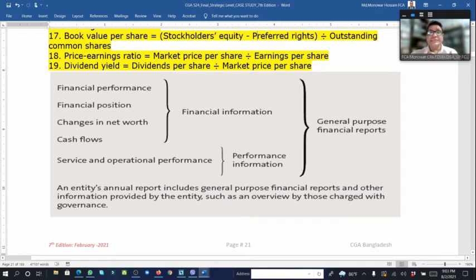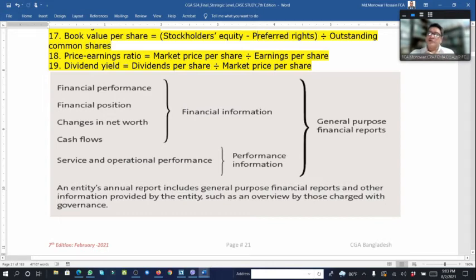And an entity's annual report includes the general purpose financial report and other information provided by the entity, such as an overview of governance. And that's why within the annual report, the audited financial statement is one major part, and based on that part, the annual report.